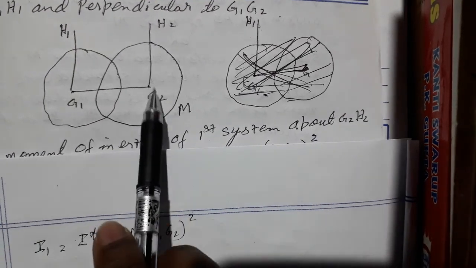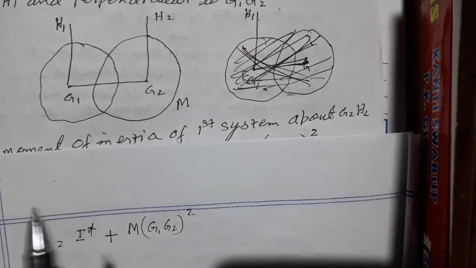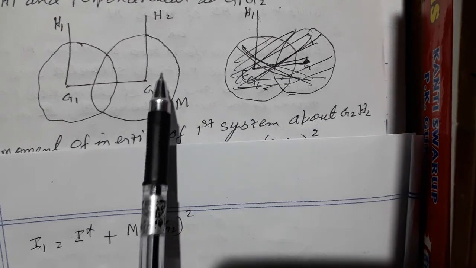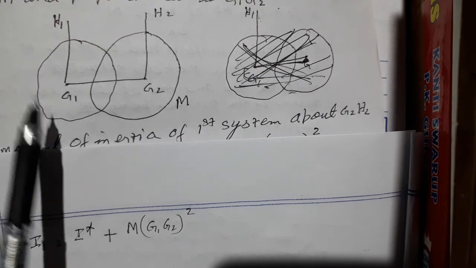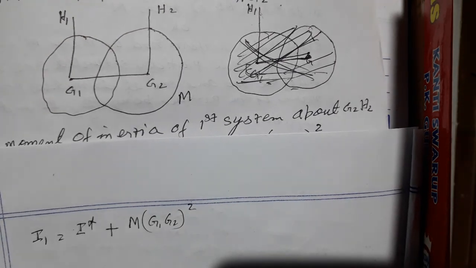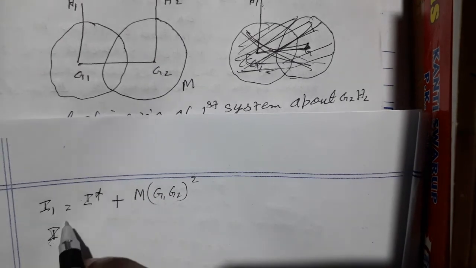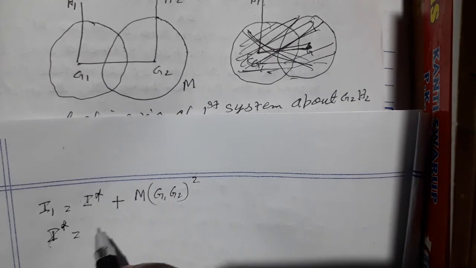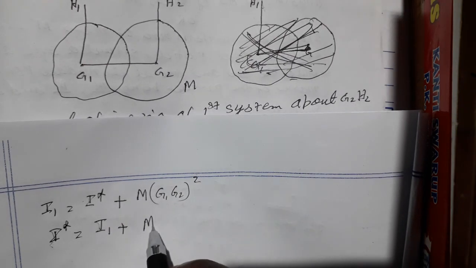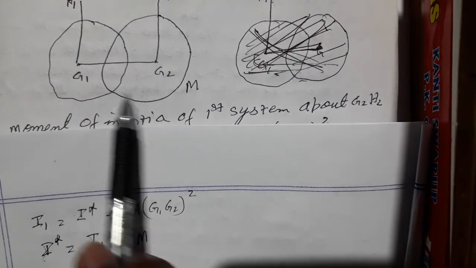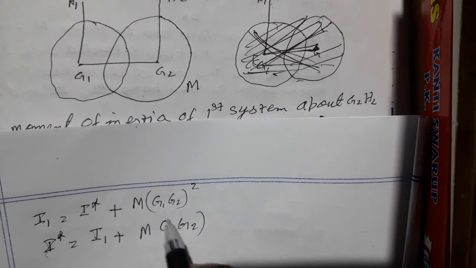By using the parallel axis theorem, we have I star equal to I1 plus M, the mass of the system is M, and the distance between them is G1 G2, whole thing squared.